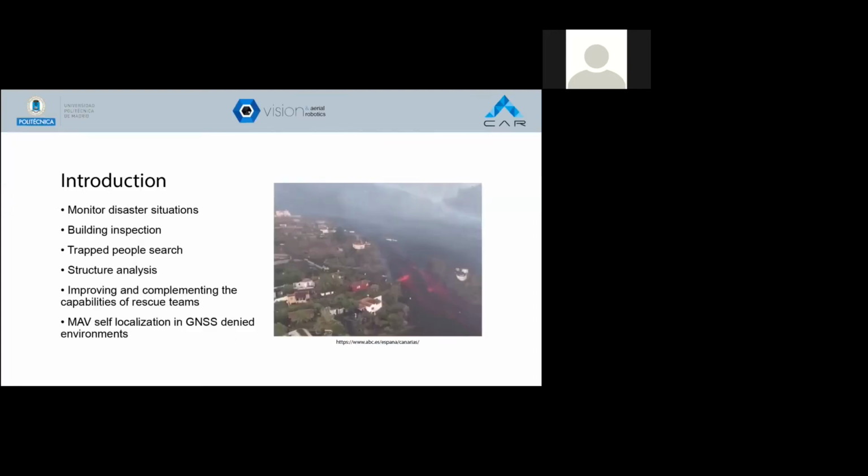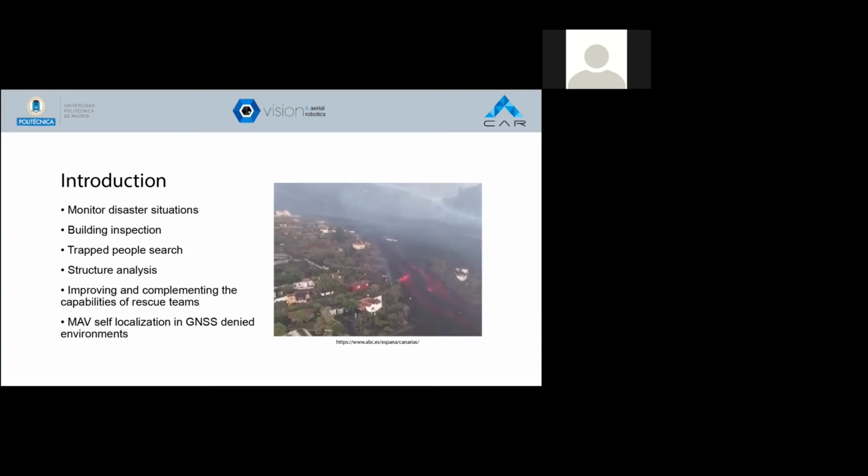So as an introduction, I want to talk a little bit about the motivation of the project. We already know that aerial vehicles are nowadays practically essential in rescue work in catastrophe situations. One recent example is the volcanic eruption on the island of La Palma here in Spain, which is happening right now, where drones have been very important in monitoring the volcano, wildlife, and of course people in general.